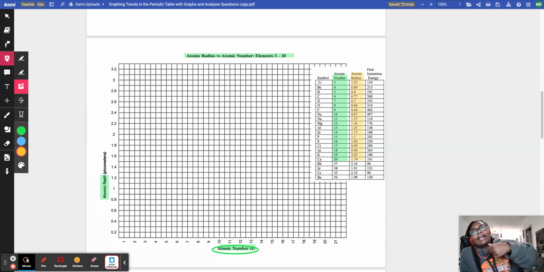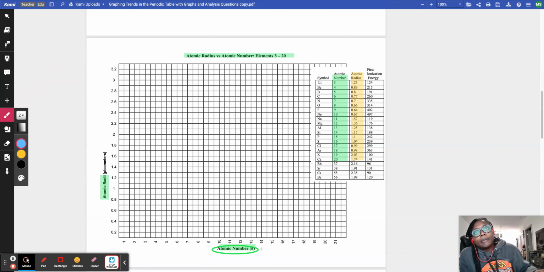I control the independent variable, and our independent variable, which you should write down on your paper, is our atomic number. Our dependent variable is our atomic radii. I picked the atomic number, so that is why I know how far I need to go on my atomic radius.